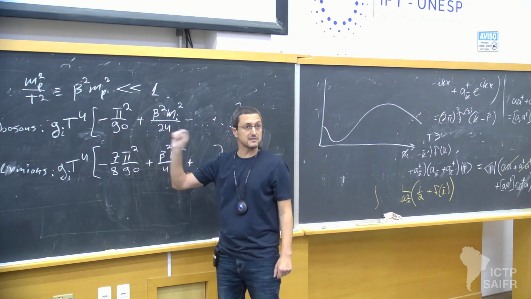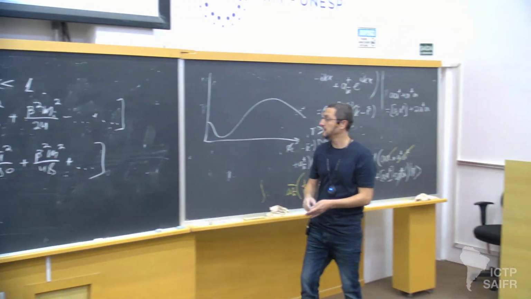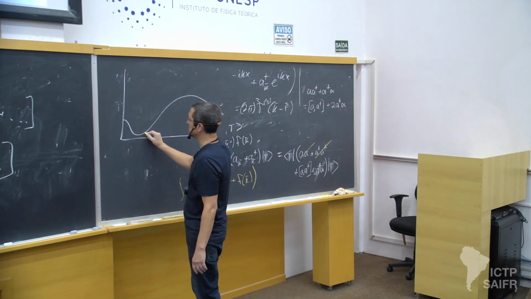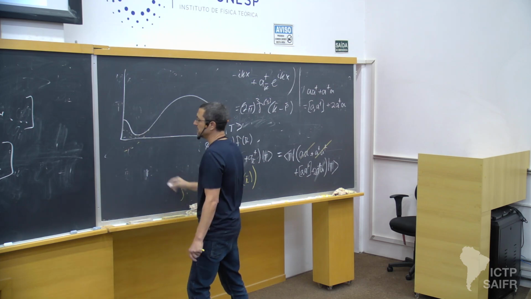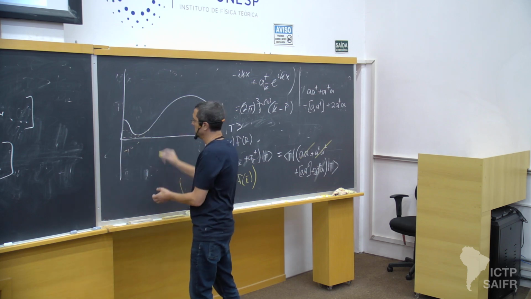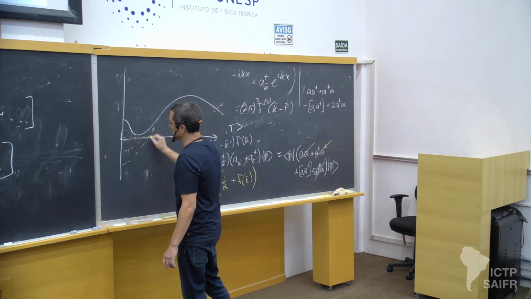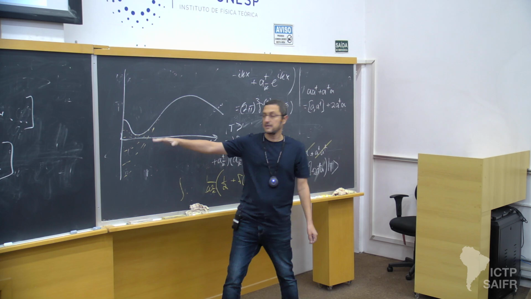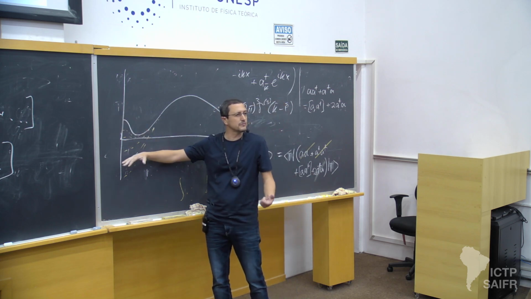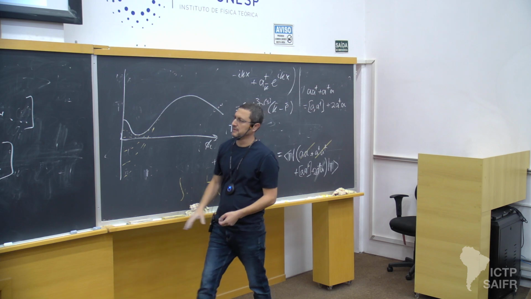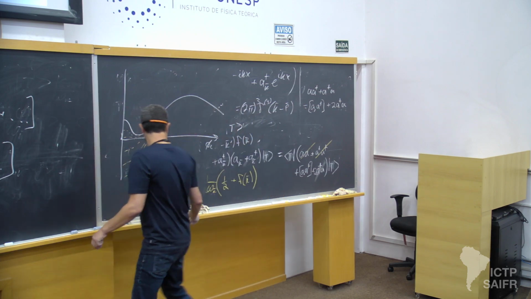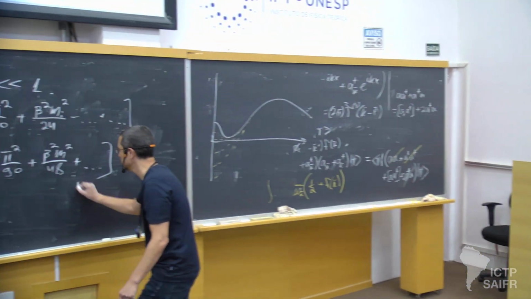This is only valid at small field or small masses, high T. It will do something like this. It's going to take your potential a little bit down. If you make the temperature higher and higher, it's going to take your potential further down, just adding near the origin a constant. You cannot treat this constant everywhere in field space, because far away in field space, this expansion isn't right. In fact, I could plot these expansions.